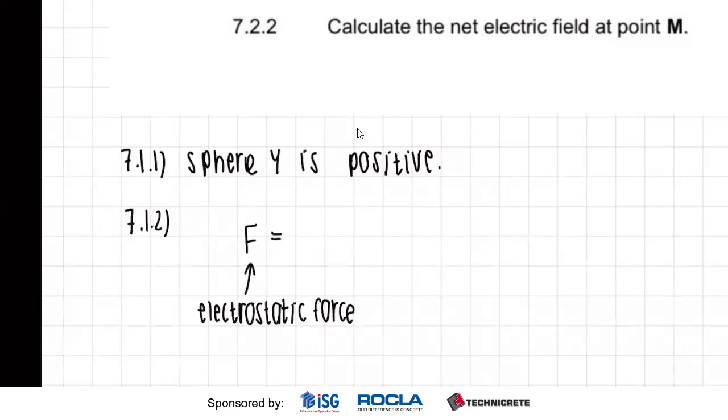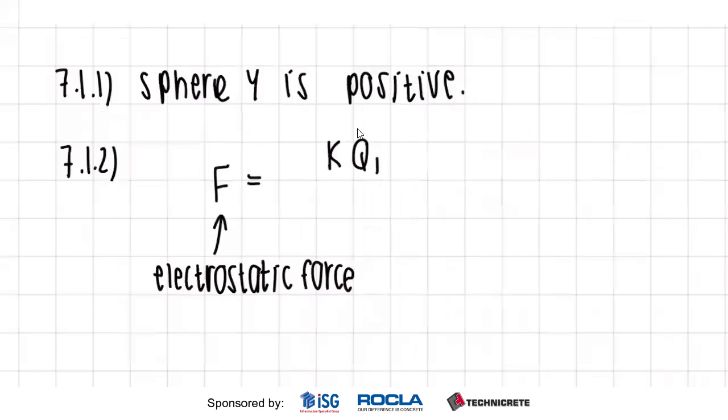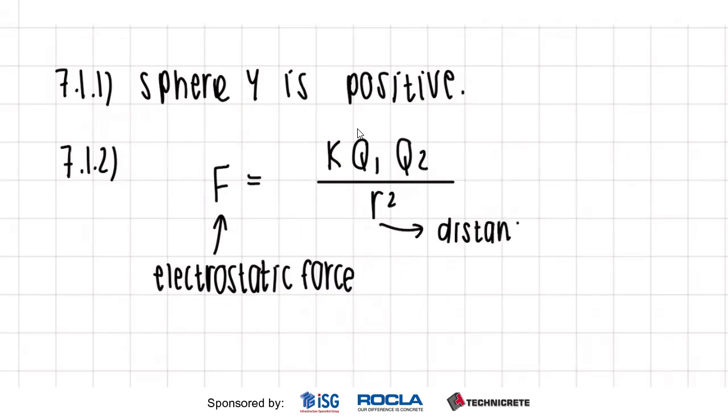F equals K, which is a constant, times Q1, which is the charge of the one sphere, times Q2, which is the charge of the other sphere, over the radius squared. The radius is the distance between the spheres, and that's always in meters.